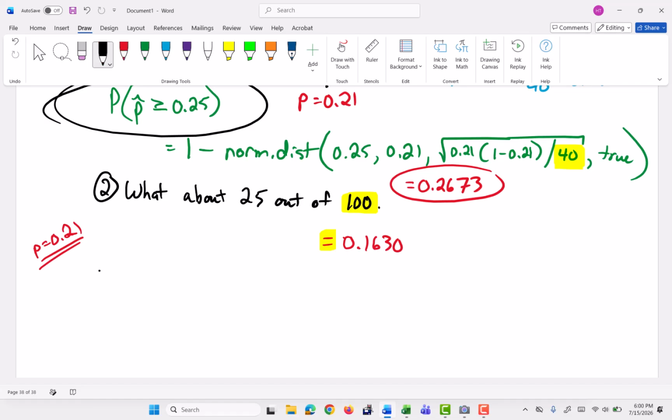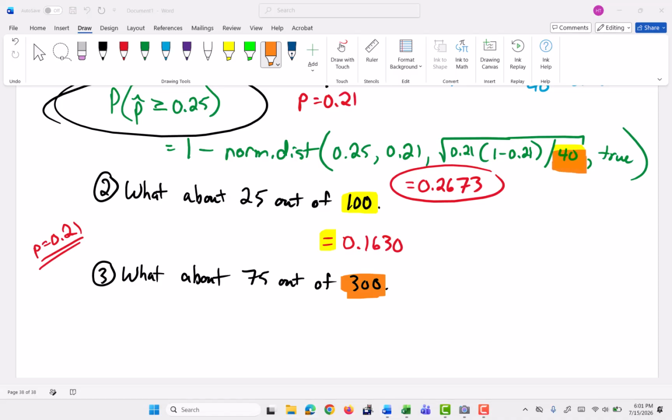And let's keep going. What about 75 out of 300? So now again, the only thing that's going to change here is the 300. So this is going to become 300 instead of 40 or 100.